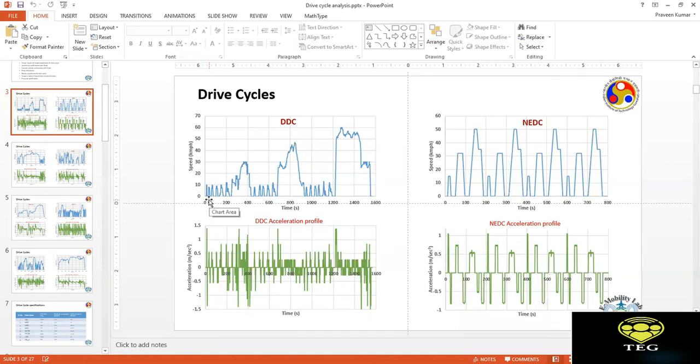But here we have the low speed of 10 kilometers per hour with frequent braking as well. These kinds of driving profiles are very detrimental for the efficiency of the prime mover, be it a motor or an internal combustion engine. At low speeds they tend to have poor efficiency.